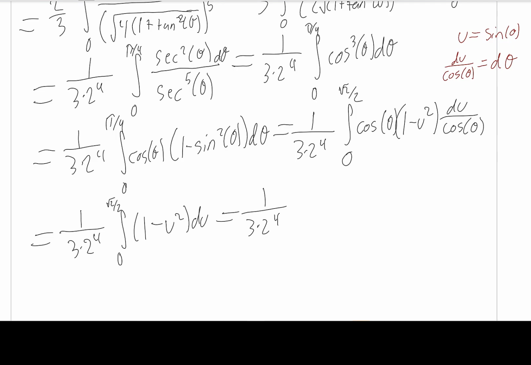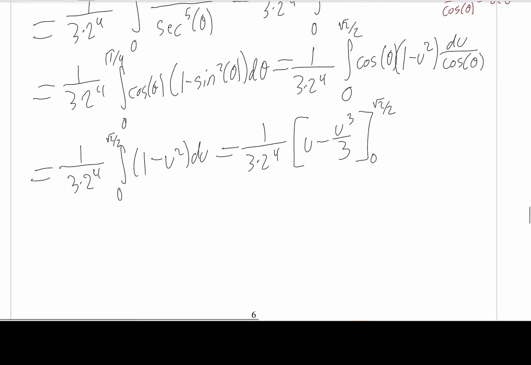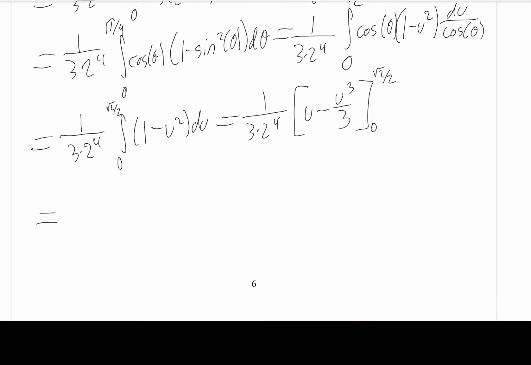Okay, and then when I integrate this, we should get u minus u cubed over 3, evaluating from 0 to square root 2 over 2. And so this becomes 1 over 3 times 2 to the 4th of square root 2 over 2 minus, so let's see, this is going to be square root 2 over 2 cubed.